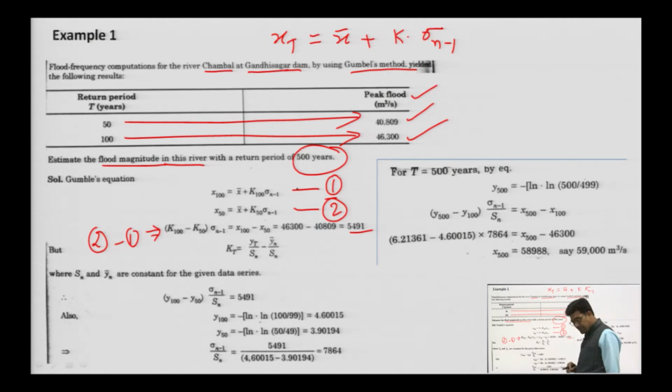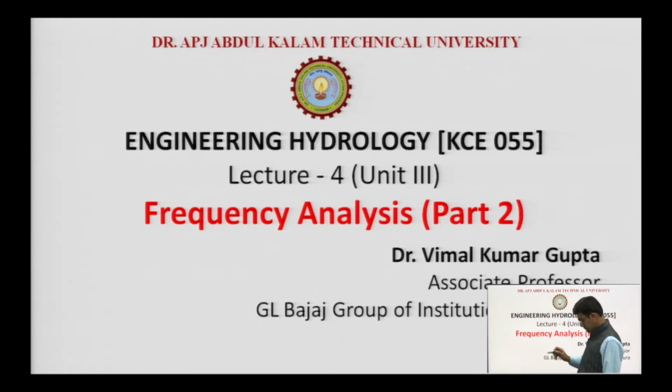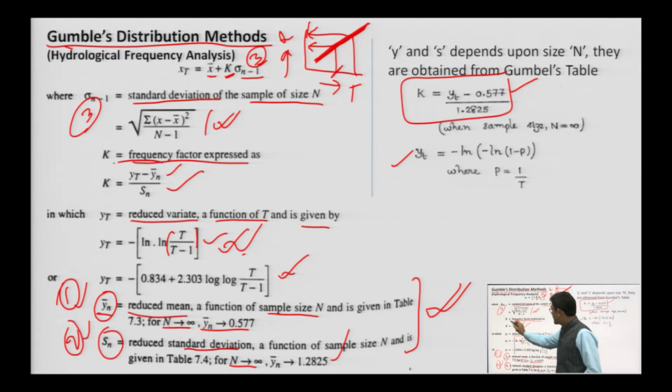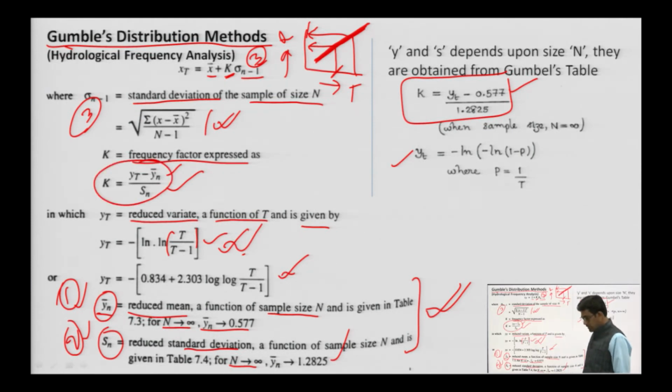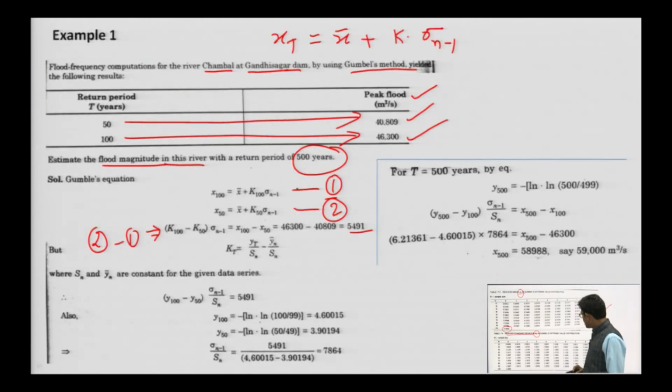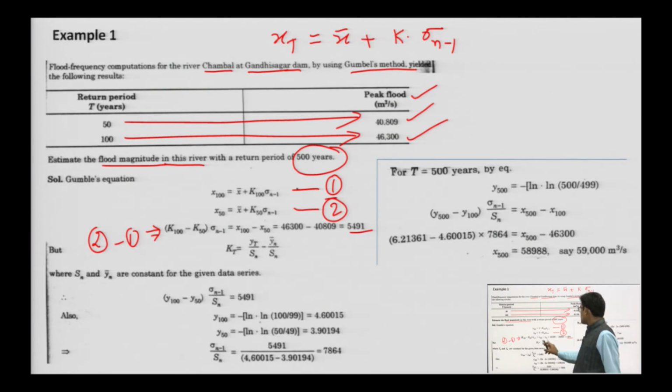And this constant K is K at any time T, with Sn, yn and yT. So, let us write here KT equals to yT minus yn divided by Sn, it is same as yT minus y bar n divided by Sn.